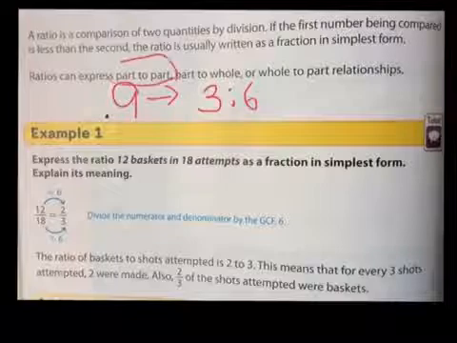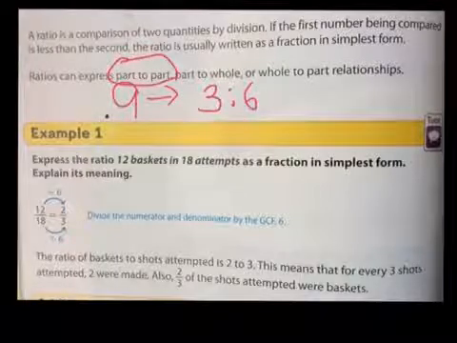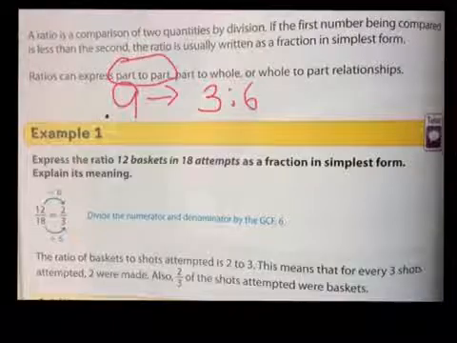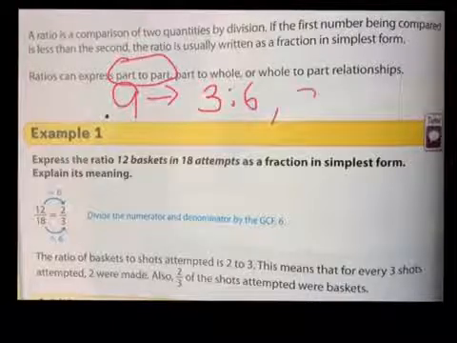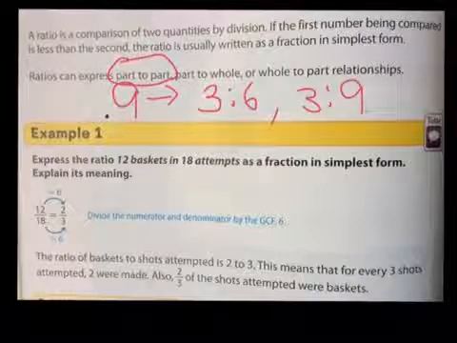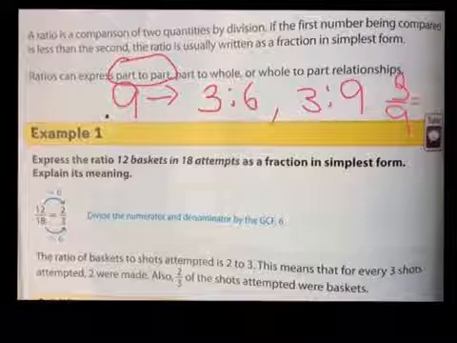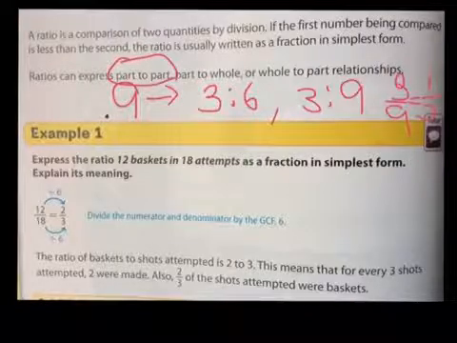This would be part to part. This is one part of a whole, and this is one part of a whole. We could also do part to a whole, where we can say 3 are boys out of 9 in the entire class, which could also be written as a fraction in simplest form, which would be 1/3.